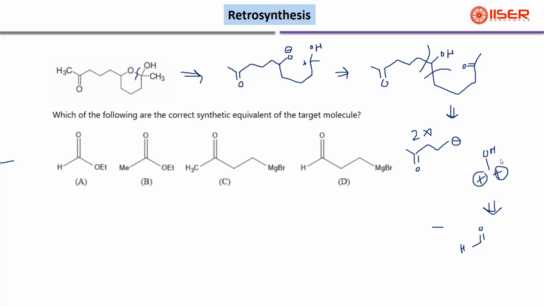If you just consider this part, the OH with 1 positive charge, the synthetic equivalent is formaldehyde. So this is our formaldehyde, but there is another positive charge. So to compensate, we have to just add a leaving group here. So this is the synthetic equivalent of this one. And for this one, we can use a Grignard.